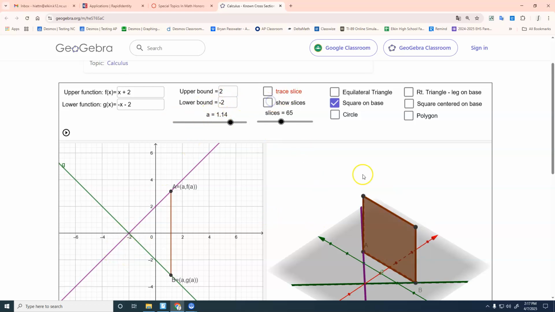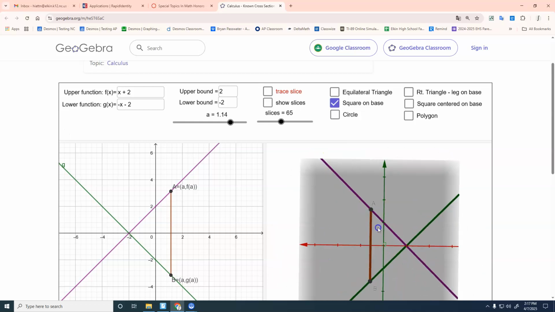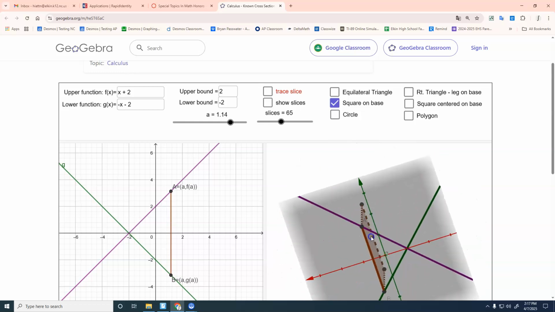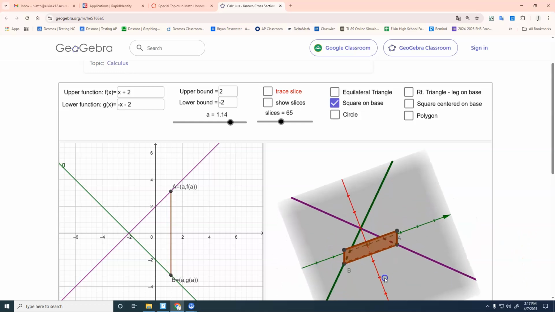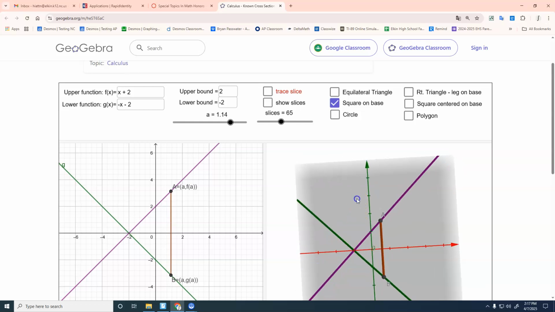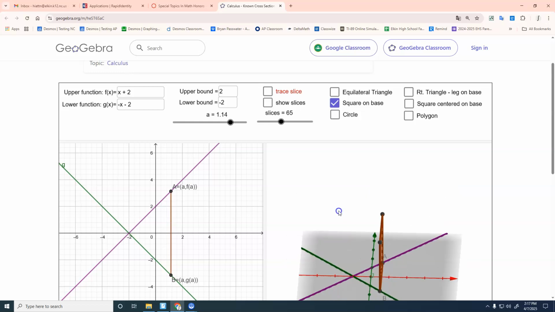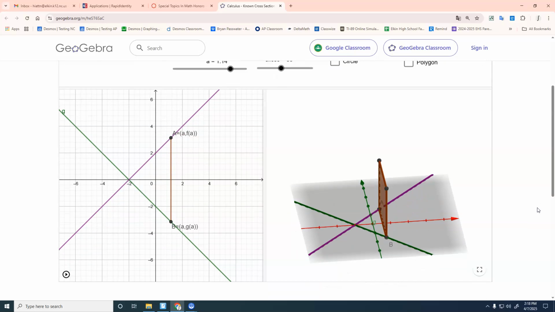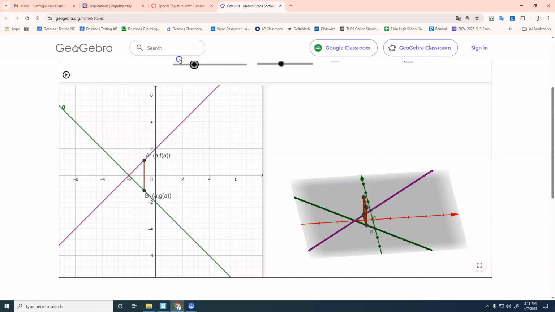I don't want to show the slices right now. Looking at this graph, I need to reset this. It's got me confused. Oh wait, there we go. Let's turn this that way. If you're looking from above, right here, there's our picture. You would have a really big square right here, and smaller squares as you went in this direction.